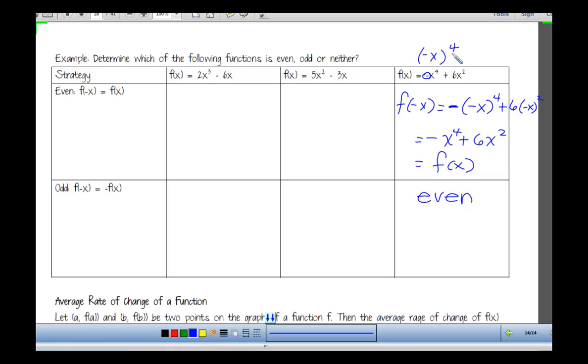But it's not. When it's written here, the 4th is just on the x. That's right. And the negative 1 is not raised to the power. Does that help any? Whether or not it's in parentheses or not makes a difference. And so in this case, the negative is not in the parentheses. It's not raised to the 4th power, so he just stays there.